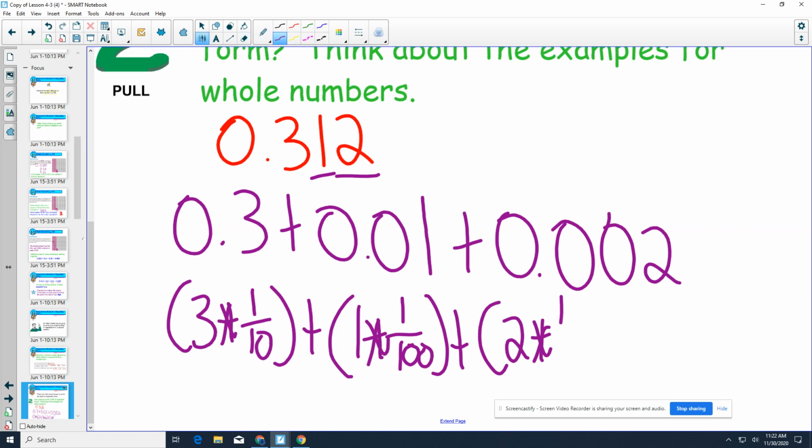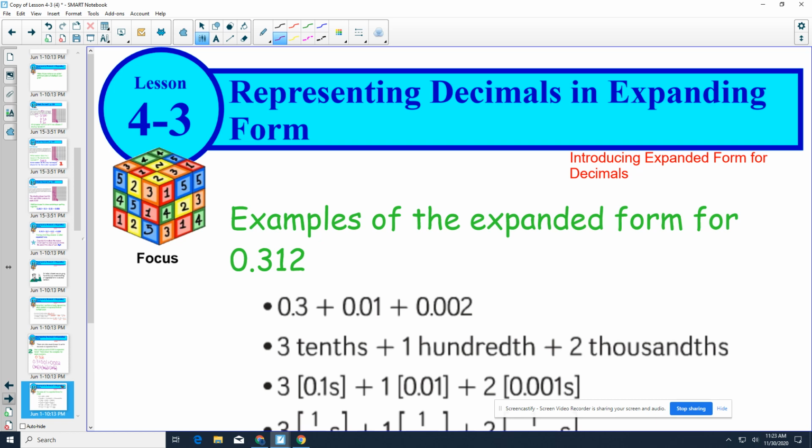Yep, sorry, 1/1000 would be another way I could represent that. So that's two different ways that I could represent that decimal in expanded form.